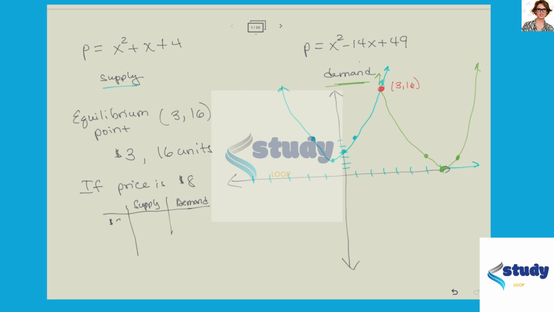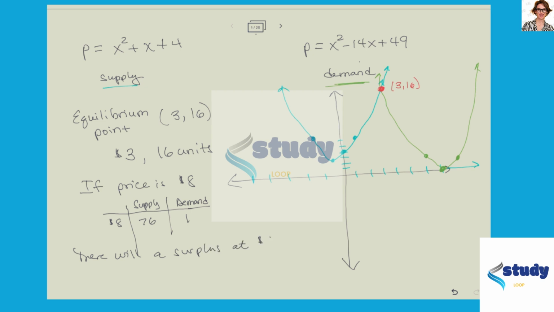So at $8, my supply will be 76 units. At $8, my demand will only be 1 unit, so there will be a surplus.